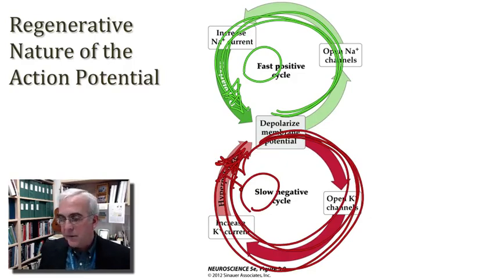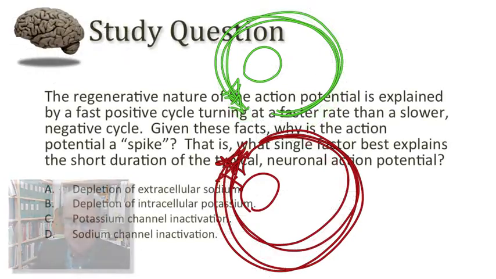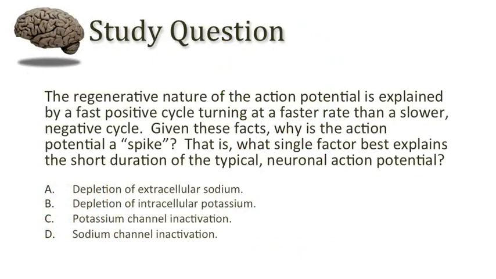I think we're ready to wrap this up, and I'll leave you with a study question, which you can find at the bottom of your tutorial, and you can find it online in our next slide. So consider this regenerative nature of the action potential, this fast positive cycle, and the slower negative cycle.